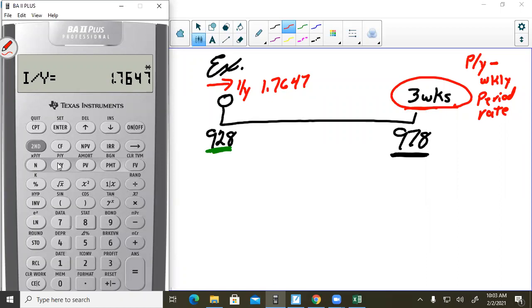I'm getting 1.7658. Saunders, did you check, is your periods per year 1? There you go. Okay. All right. So 1.76 is my periodic rate.